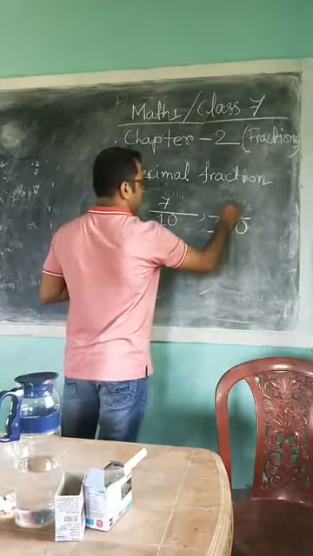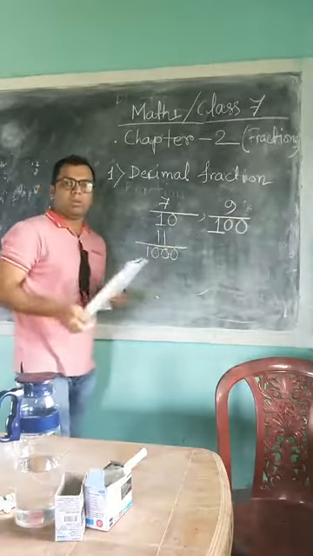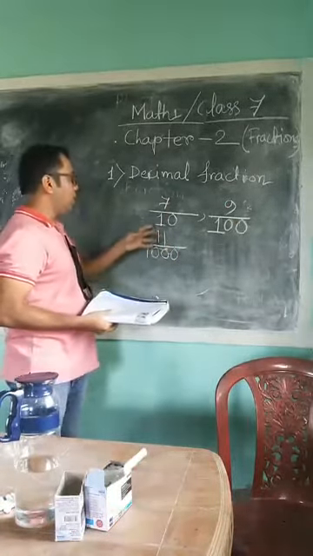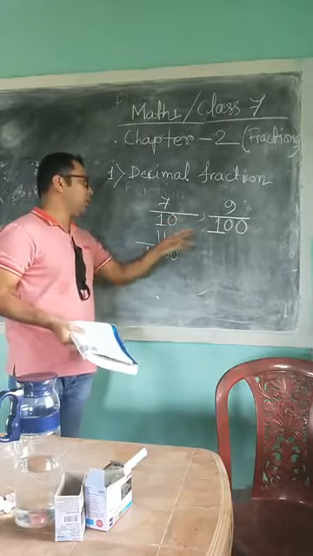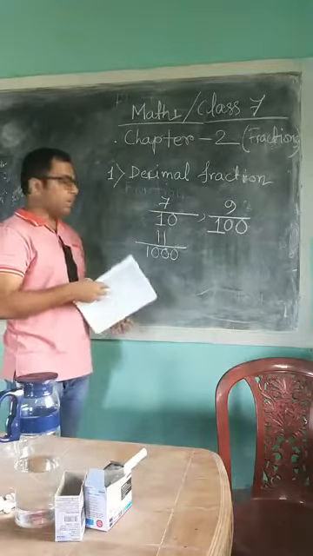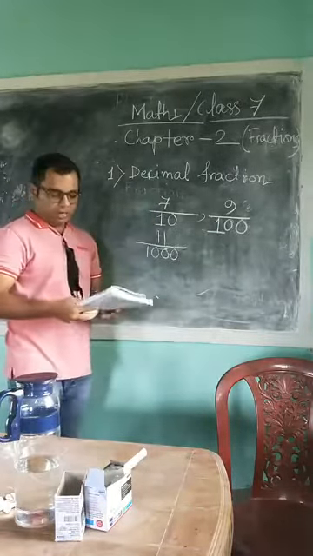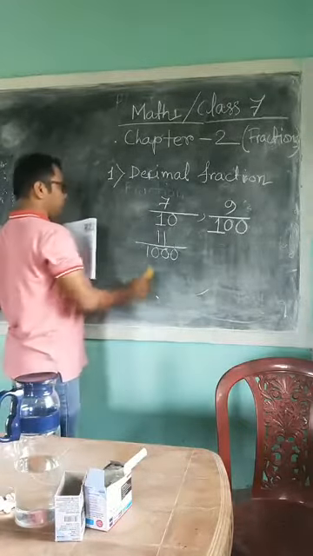Suppose 7, suppose 9, suppose 11, any kind of number in the numerator, but the denominator must be in the power of 10, 100, 1000, then 10,000, then 1 lakh, but it must be in the power of 10. So it will be called decimal fraction.